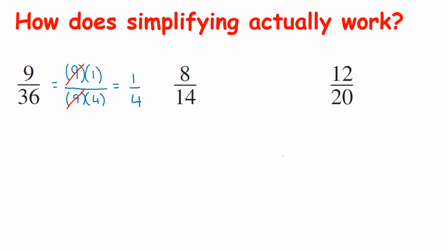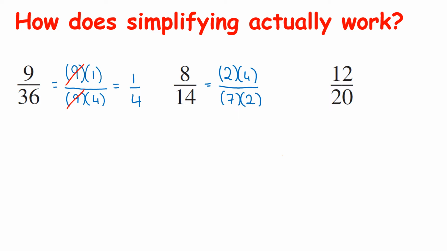What we think about when we start these back in primary school is what number divides into the top and the bottom. That is a factor. That's what we're thinking about. So here we have 8, which can be 2 by 4, and 14, which can be 7 by 2.